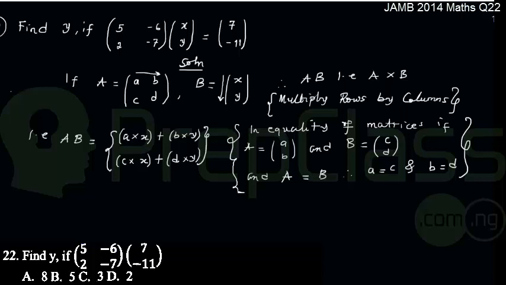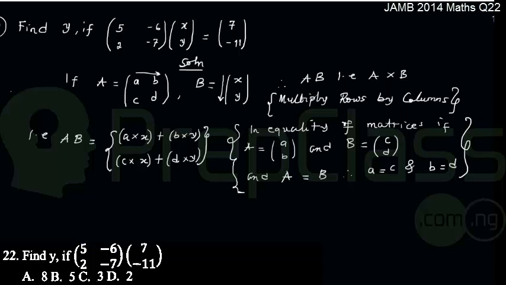So in AB, I would have A times X, the first element in the first row, multiply with the first element in the first column of the other matrix. So basically, second element in the row multiply with the second element in the other matrix. So basically, I'll have A times X plus B times Y. Then on the second row, I would have C times X, C multiplying the first element and D multiplying the second element.